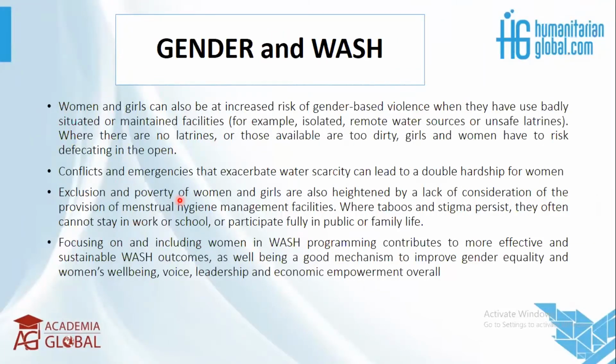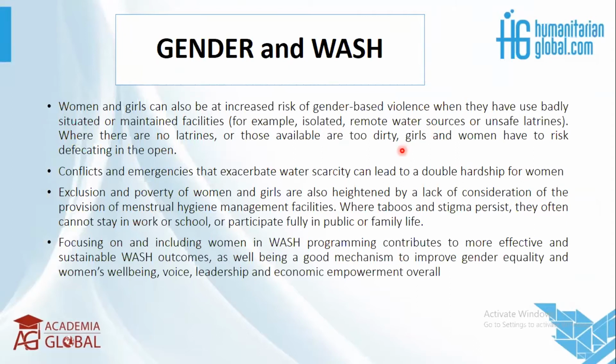Still with women and girls, as I said before, they are at risk of gender-based violence. For example, the water sources sometimes are isolated, sometimes they are very far, and sometimes they need to access latrines, but the latrines are not safe.